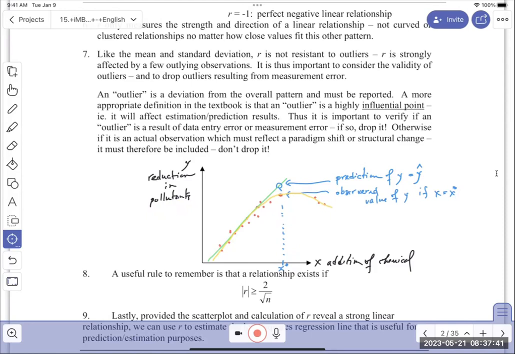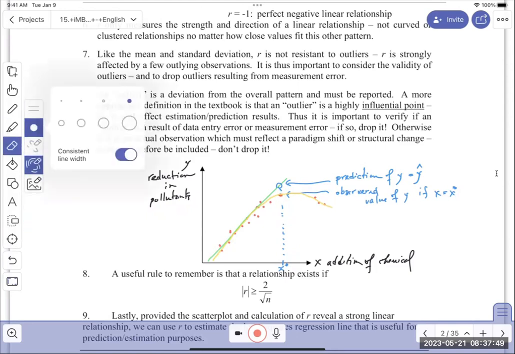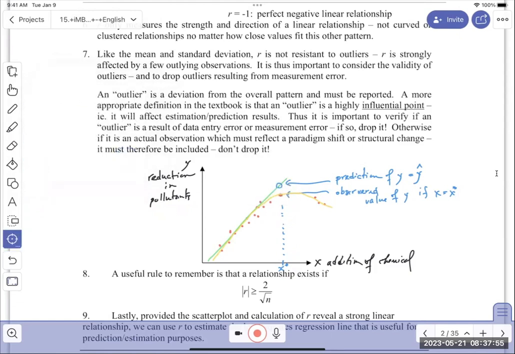And then the difference between these has a name. Does anybody know what the name is? So we give it a name because it's an important thing. That's how, the error, how far off you are from that prediction.